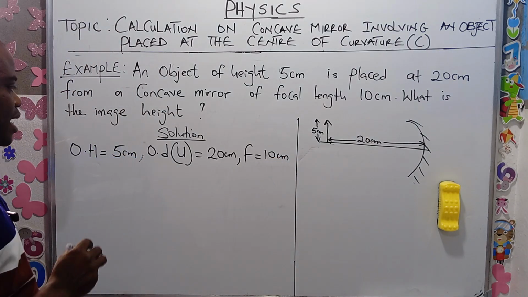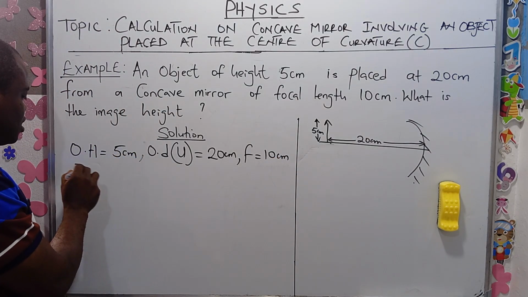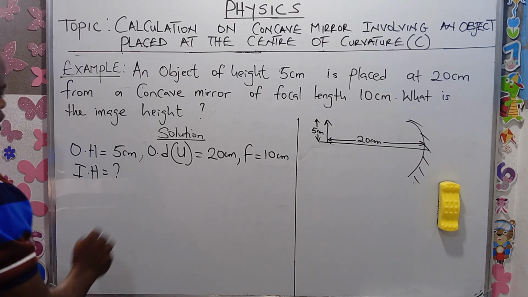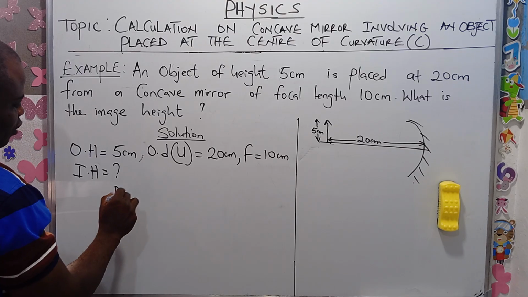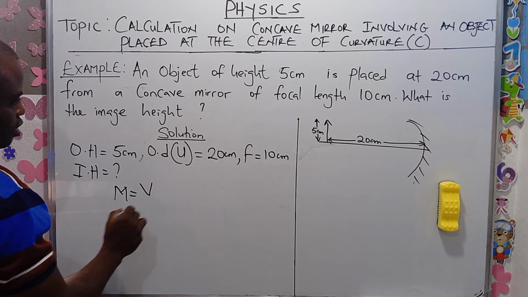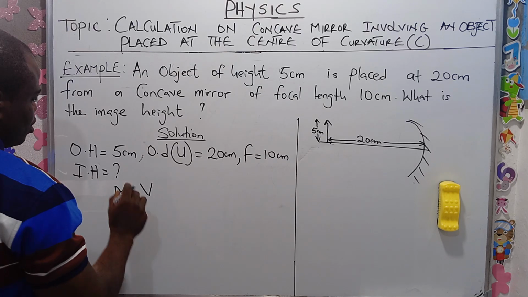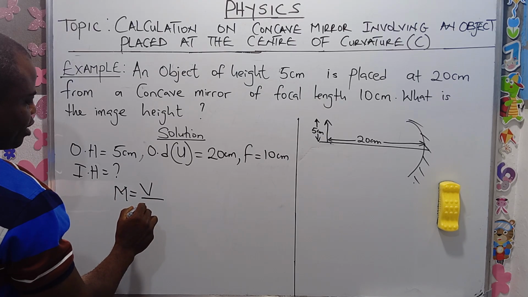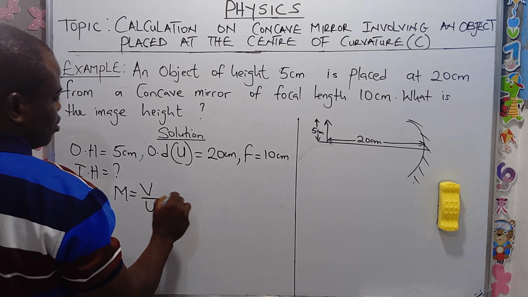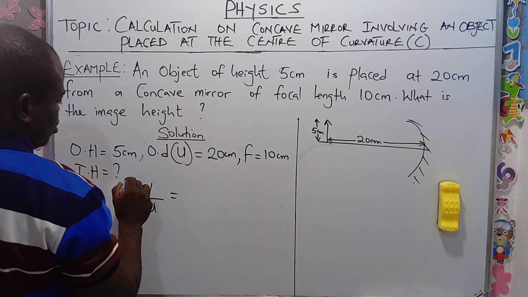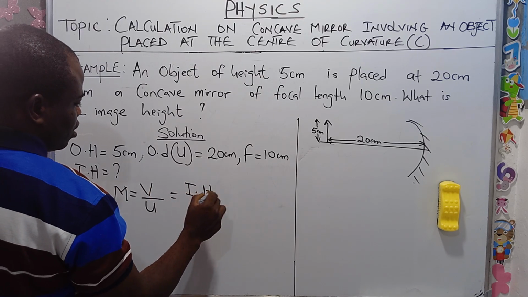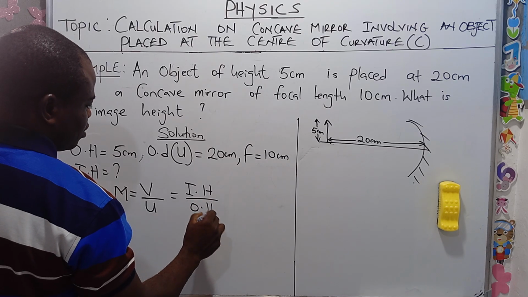What is the image height? Image height, that's what you are looking for. And don't forget that we have a formula that says magnification equals image distance, which is V, over object distance, equals image height over object height.